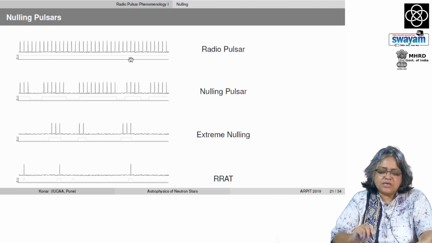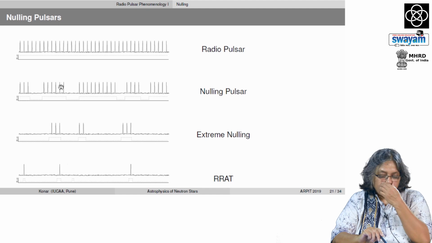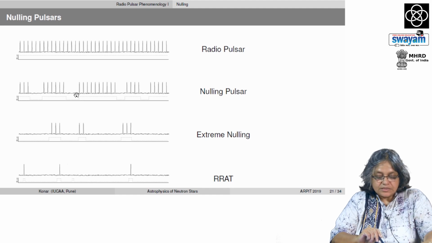For a nulling pulsar, what would happen is there is a regular train of pulses and suddenly a few of them would not be there. So, suddenly the emission would disappear. So, basically we have an abrupt cessation of emission pulses.